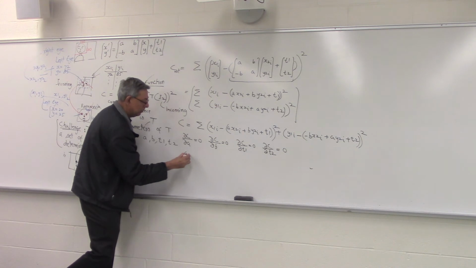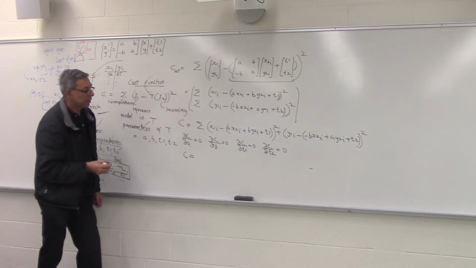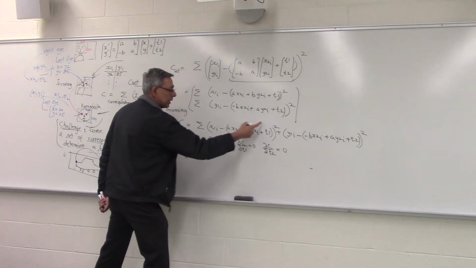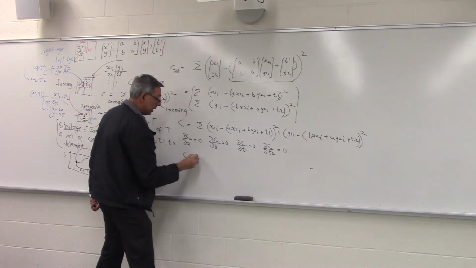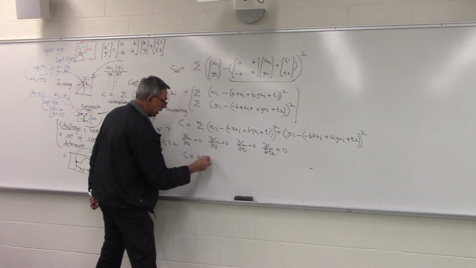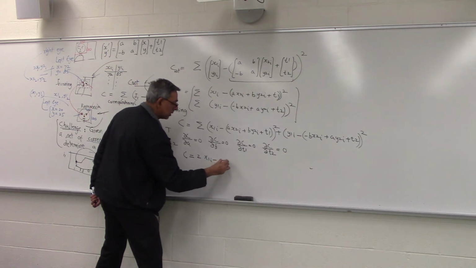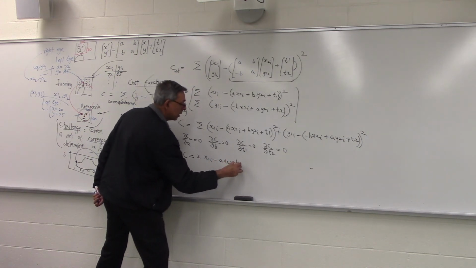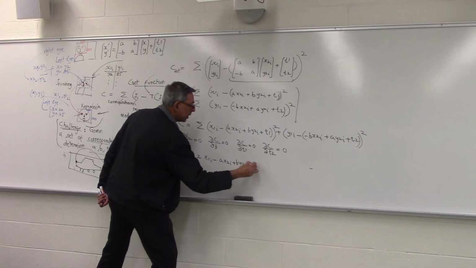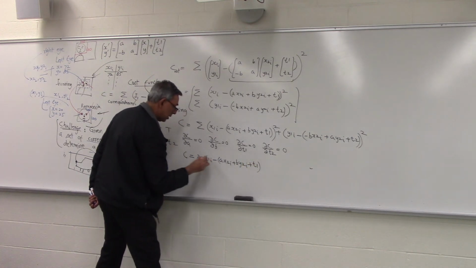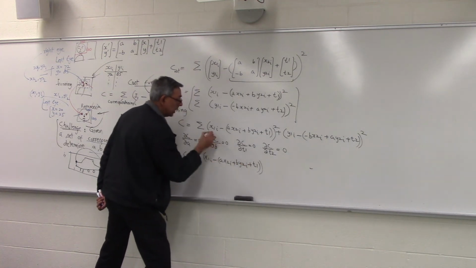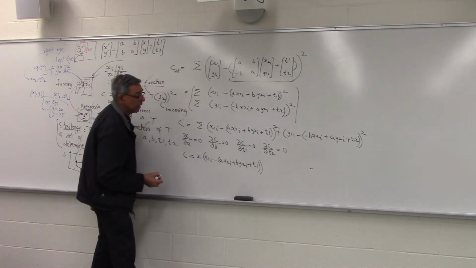So C will become what? Take the 2 out over here. This will be x1 of i minus a x2 of i plus b y2 of i plus t1, into the derivative. Now take the inside derivative with respect to a.